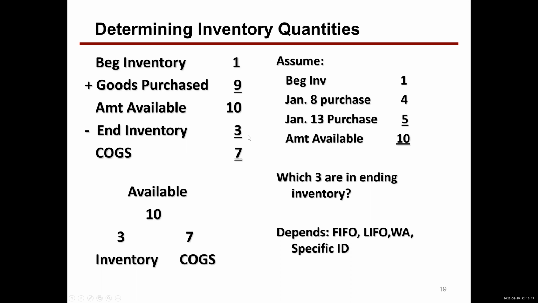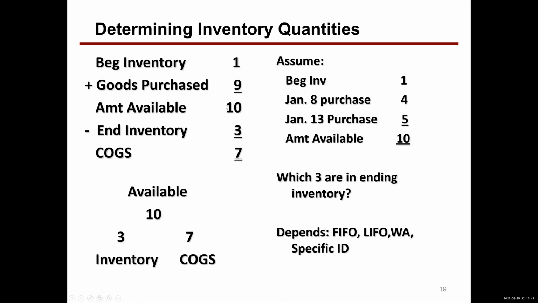Now the question is, which items are included in ending inventory? Okay, so these are our possibilities. We need 3. Would it be 1 of these and 2 of these purchases, or would it be all from the January 13 purchase? That's the question, right?